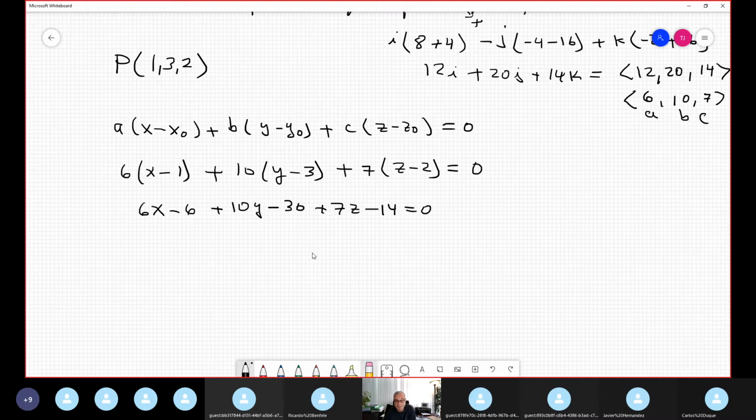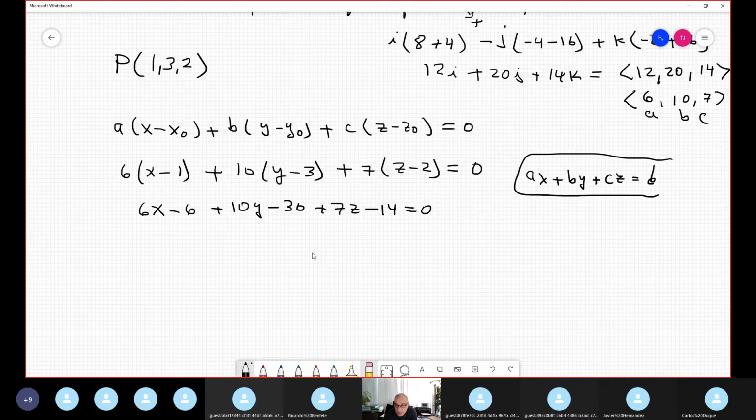And you organize the equation of the plane in the same way that we use in algebra: ax plus by plus cz equals d.